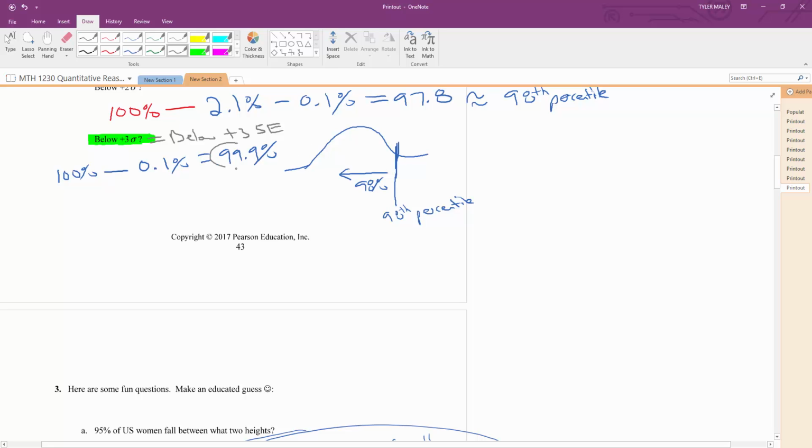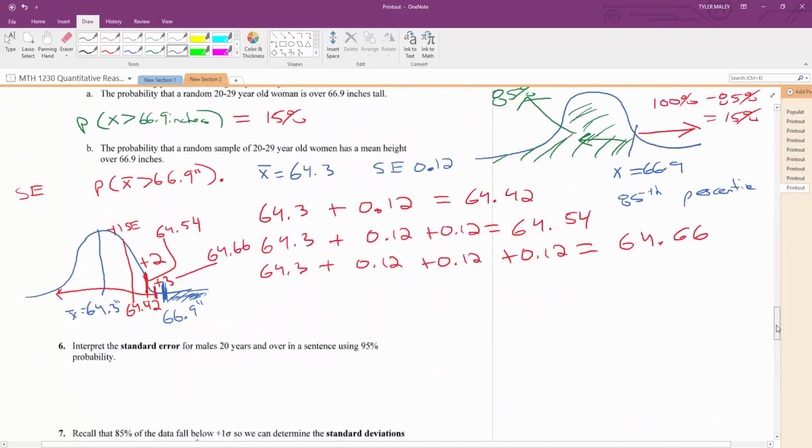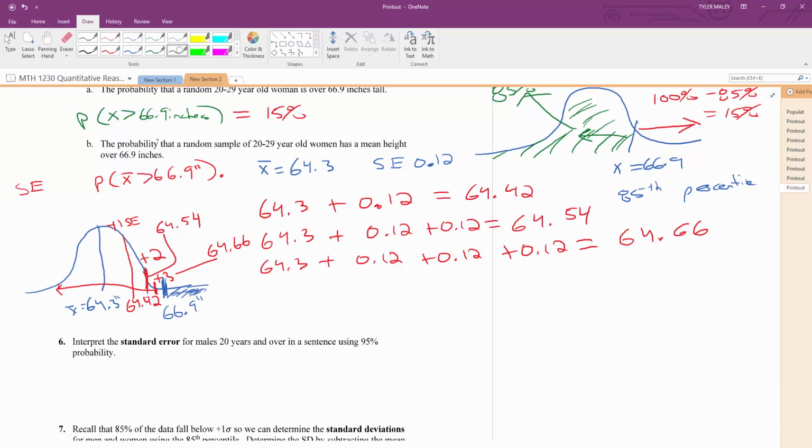So there's 99.9% to the left of it. What this gives us a hint at is that to the left of here is 99.9% of the data, so this way is only 0.1% of plus 3, approximately. But our data point is well above 64.66.